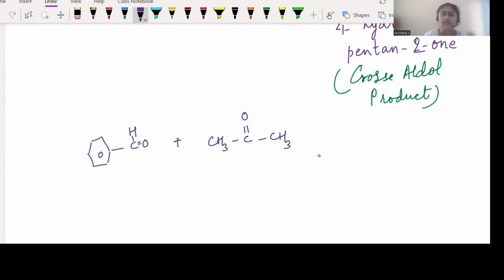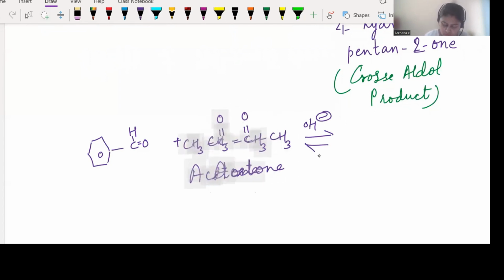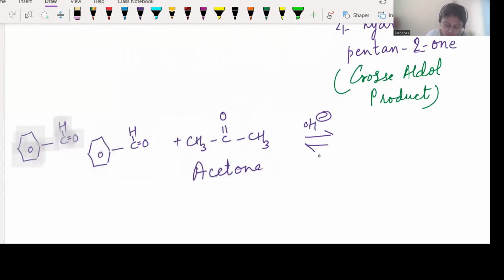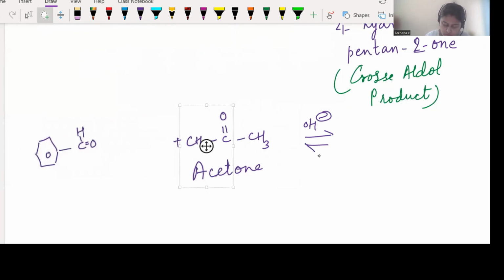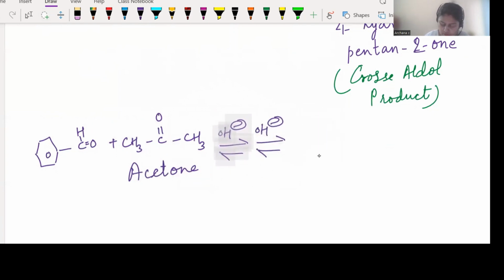So in this case, it is acetone which will be forming the enolate ion because benzaldehyde has no alpha hydrogen. So in this case, the obtained product is C6H5 CH.